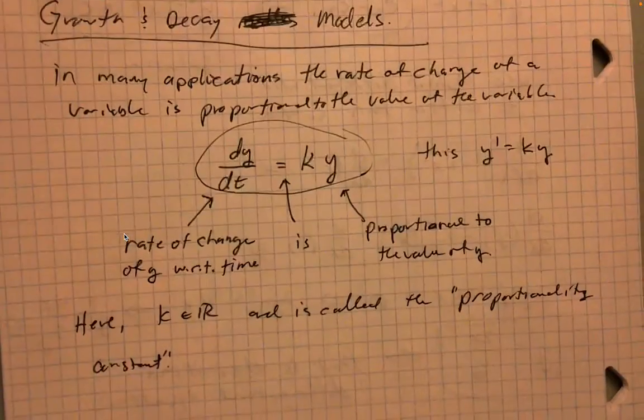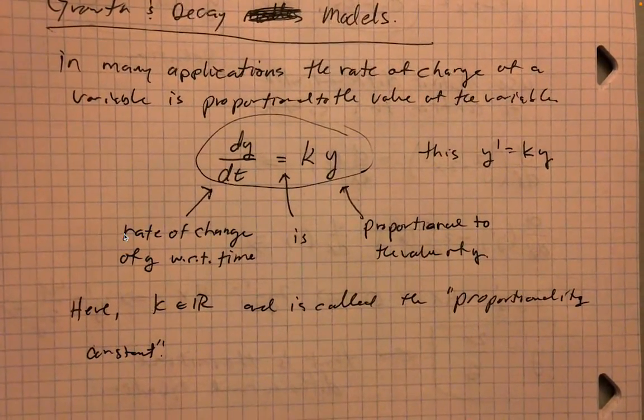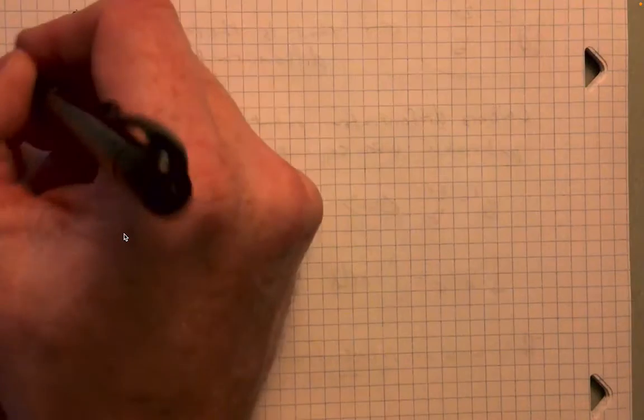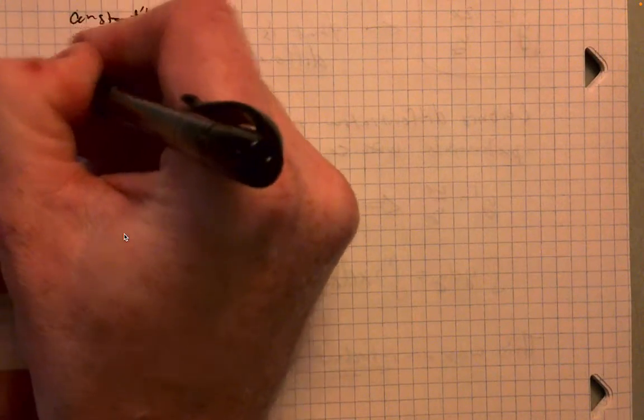Meaning that equations of this form can be solved by using the form of the solution. So let's talk about that for a second. We'll write this out as a theorem, and then we'll go into the derivation.